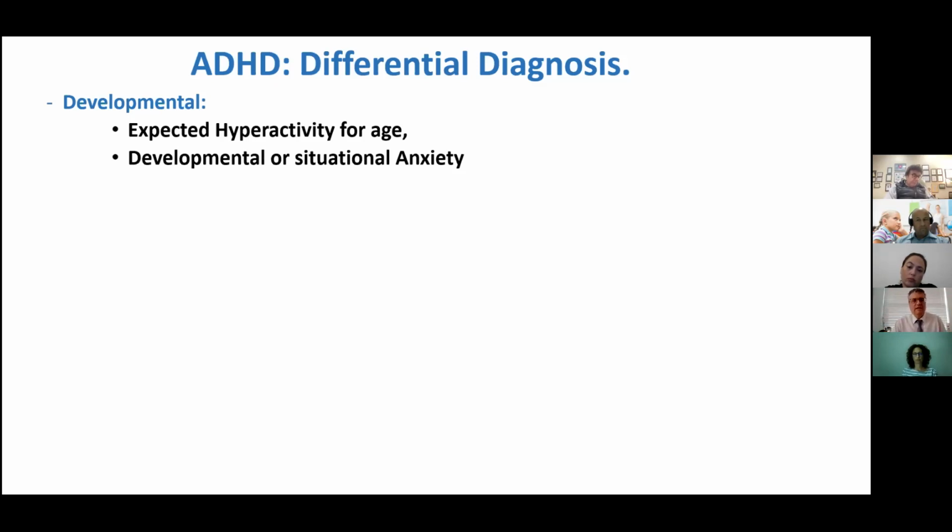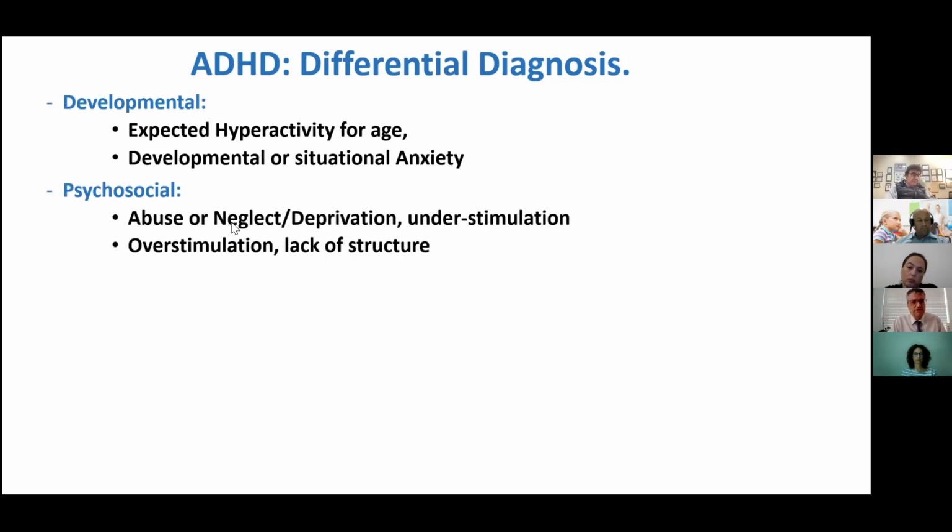And then developmental or situational anxiety, because anxiety is very frequent in young kids, which is when ADHD is starting. And then from the psychosocial point of view, a history of abuse or neglect or deprivation, understimulation, and on the other hand, overstimulation or lack of structure.